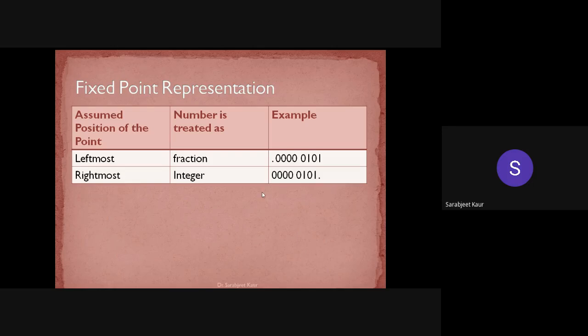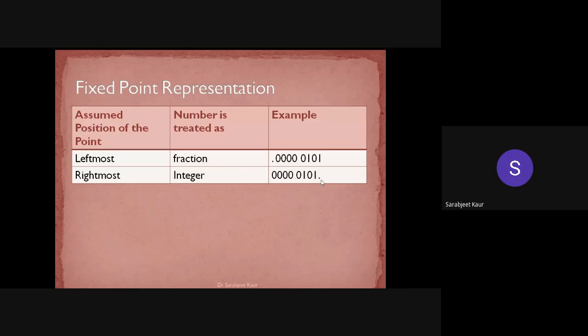So I multiply with sufficient powers to get the point to this position, or I divide by, for example, 10 raised to the power of whatever to get it in this form. So the fixed point representation assumes a fixed point for the decimal either on the leftmost side of a number or on the rightmost side of a number.